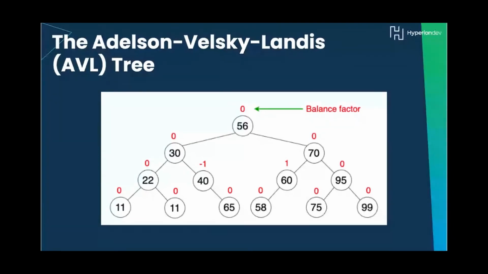So the child nodes are rebalanced when the height difference exceeds 1. So for AVL trees, the heights are balanced or rebalanced through single or double rotations. So the balancing factor is the difference in height between the left and the right subtrees, and its values are, as you can see in this diagram, -1, 0, and 1.